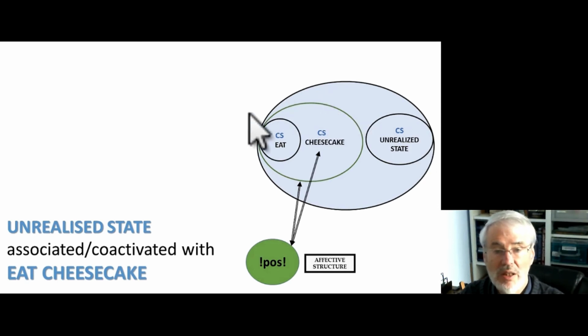So altogether, this complex of conceptual structures of meanings means eating cheesecake is an unrealized state at the moment, whereas these two are positively valued, you might possibly add a negative value to the unrealized state. We'll leave that aside for a moment.